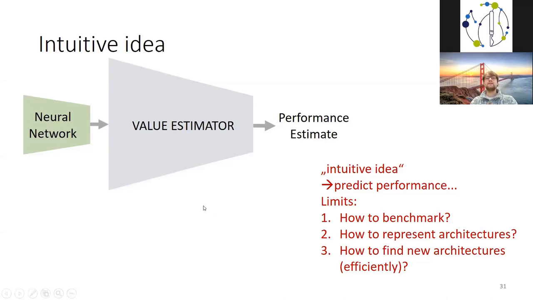So the intuitive idea here is to predict the performance. The question obviously is then, how do you benchmark? How do you actually say this is an architecture? How do you discriminate between architectures and describe architectures? And then how do you find architectures efficiently? These are the problems with this kind of setup.